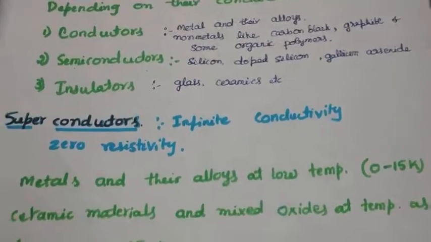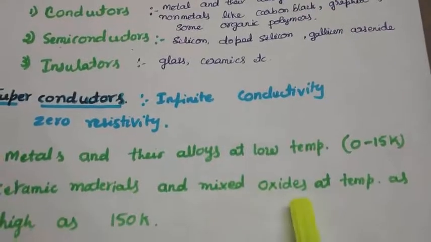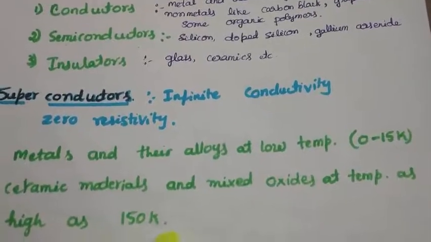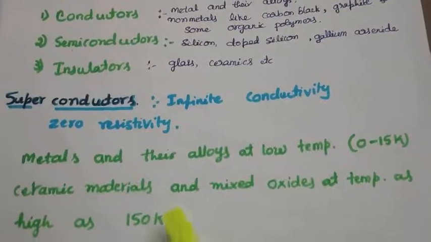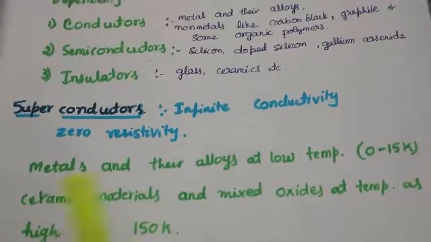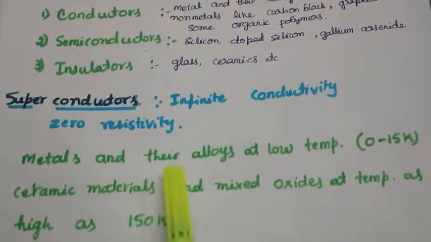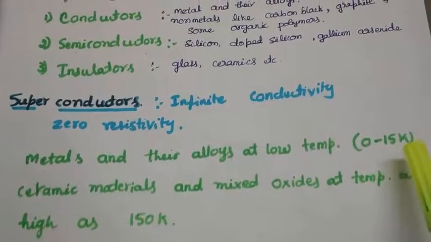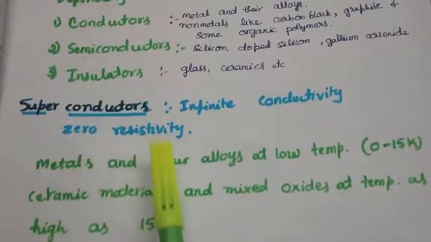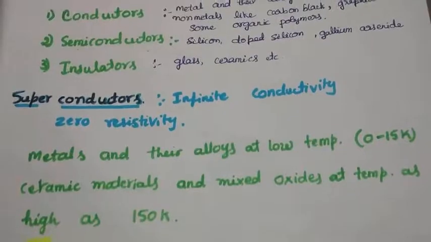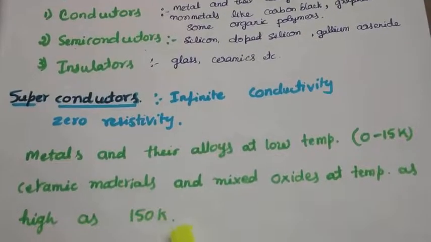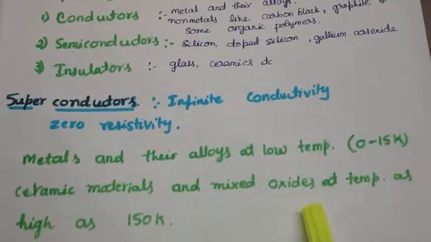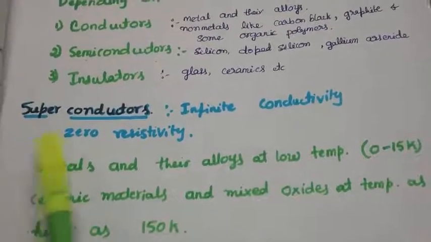But nowadays, ceramic materials and mixed oxides show the properties of superconductors at temperatures as high as 150 Kelvin.